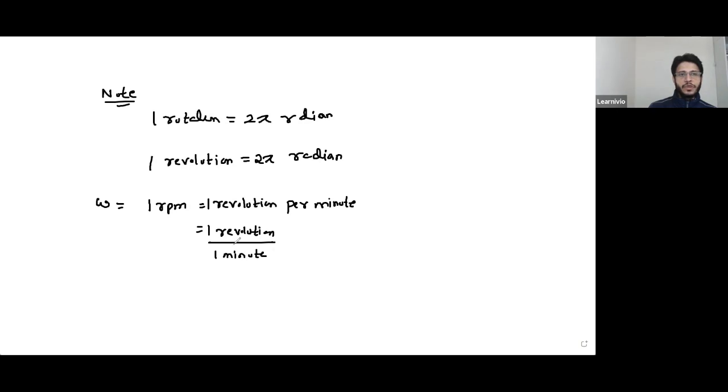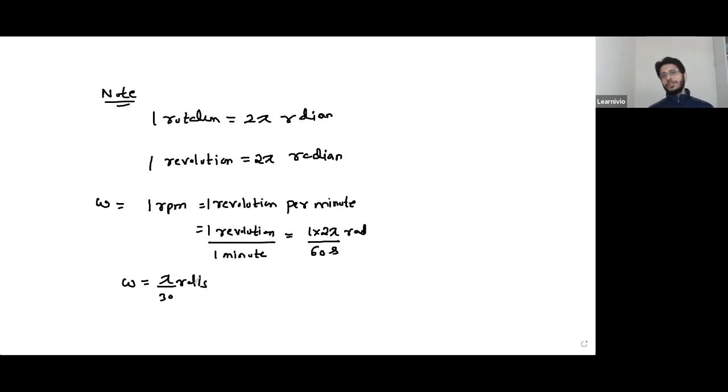Neither revolution nor minute is the SI unit. So first convert revolution into radian, 1 into 2 pi radian. Then convert minutes into seconds, that is 60 seconds. So your omega is pi by 30 radian per second.